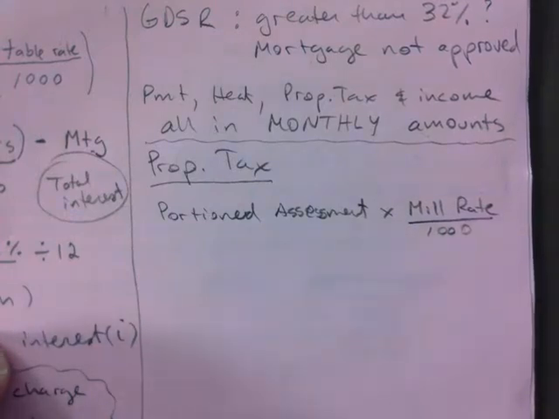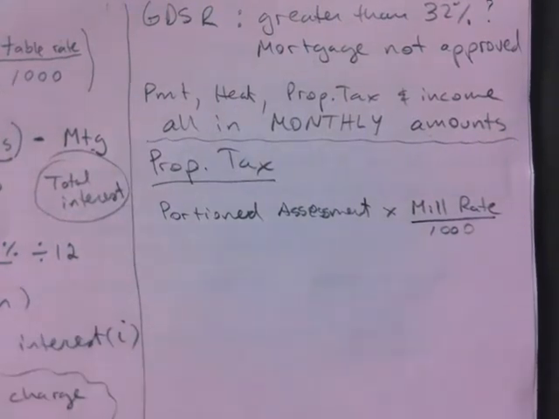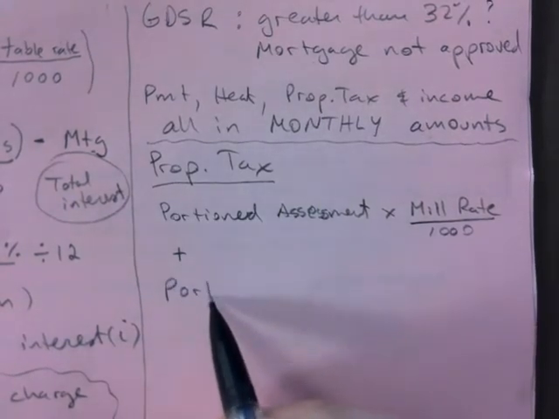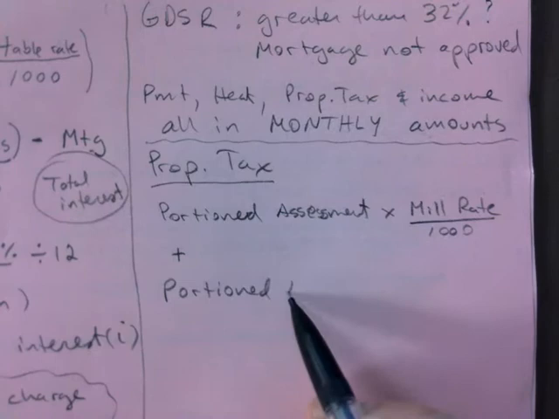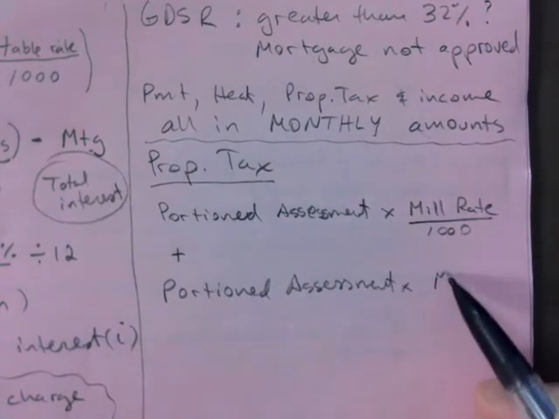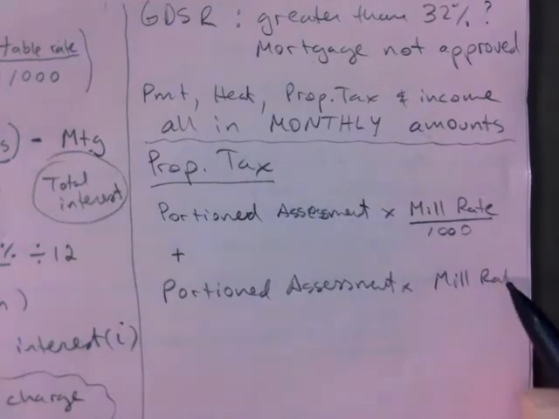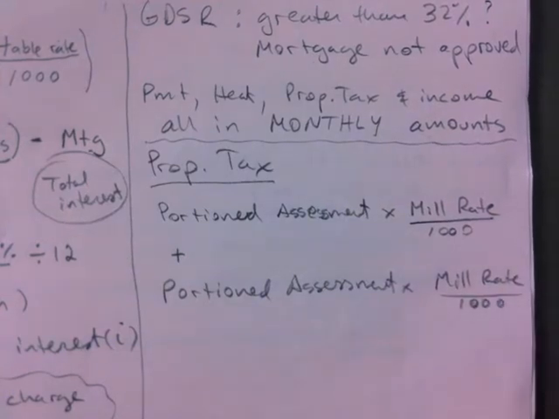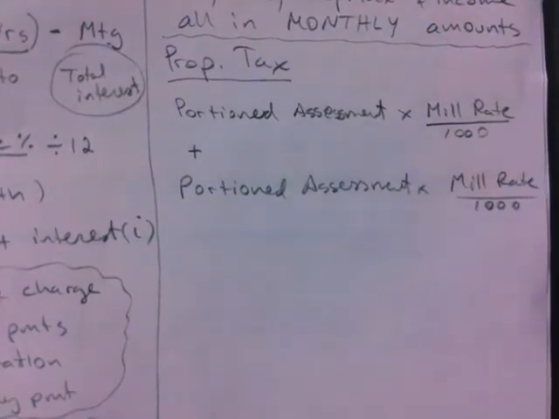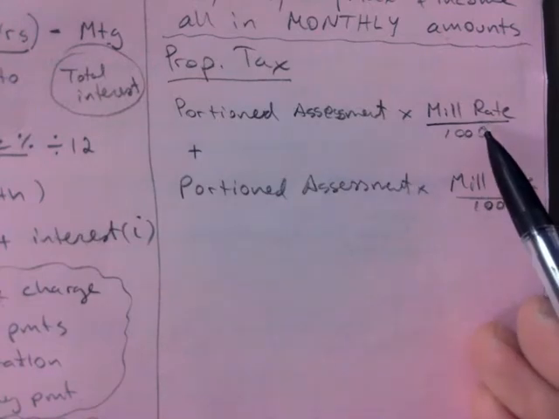If you don't do that, it's going to be off. Okay, and then you add, if they give you another mill rate, you go times that mill rate over 1,000, and you would continue that for as many mill rates as you're given.